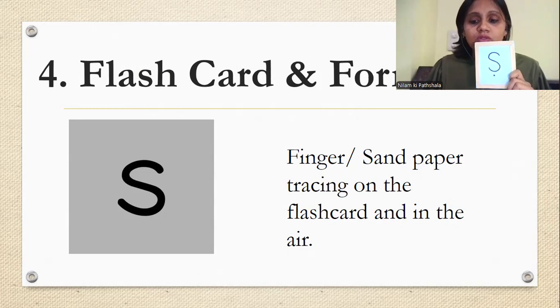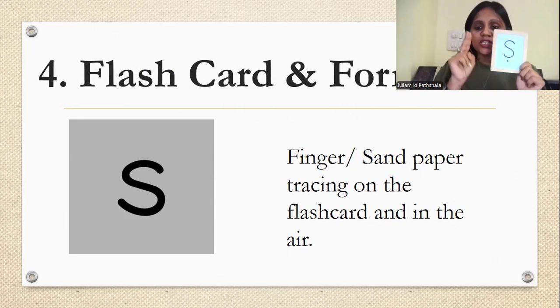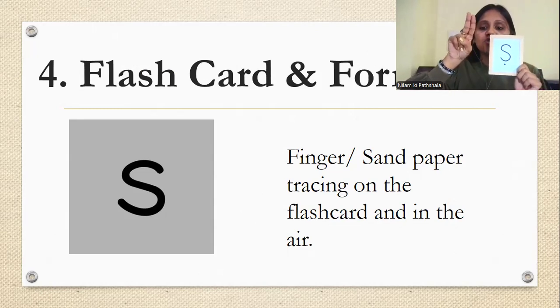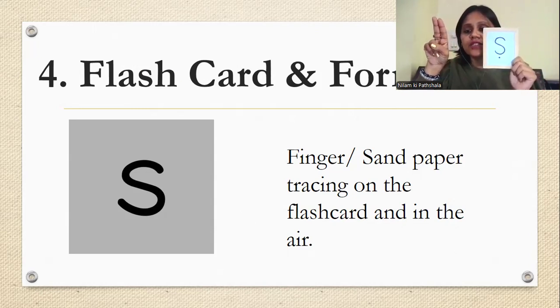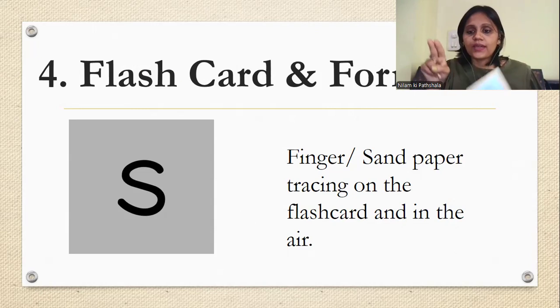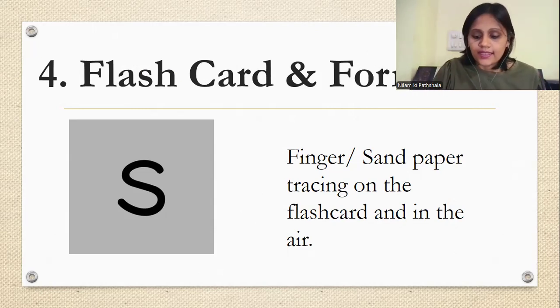We can also do the formation in the air by using two fingers, where the children move their hand in the shape of S. So this is the way we teach the children the formation with the help of flashcards.